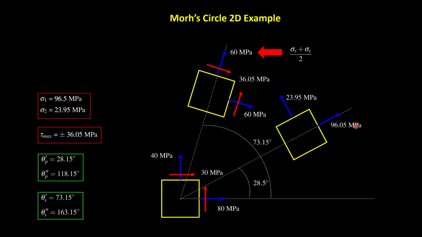In this case, it was said that my planar representation had a maximum normal stress of 80 megapascals. I found out that there was an orientation where the maximum stress was 96 megapascals.